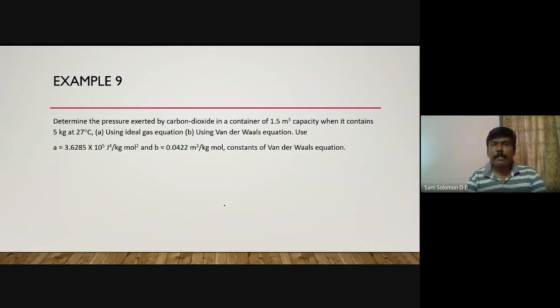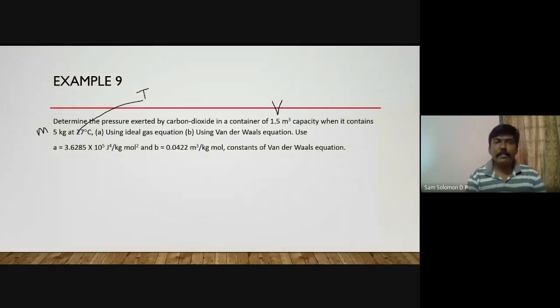Okay, we will end with this one problem. This is an example on the Van der Waals equation of state. Determine the pressure exerted by carbon dioxide in a container of 1.5 meter cube capacity when it contains 5 kilogram at 27 degrees centigrade. Very simple. They have given you the volume, the mass, and the temperature: 27 degrees centigrade.